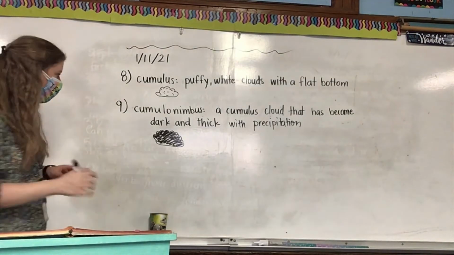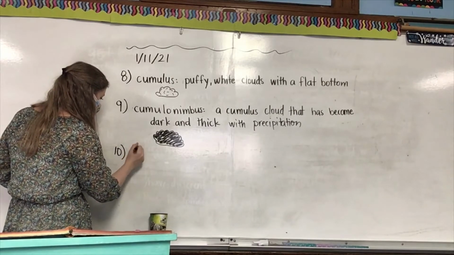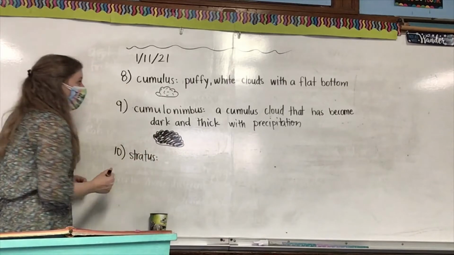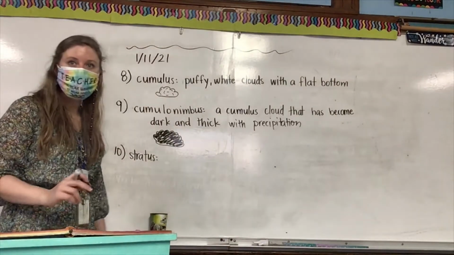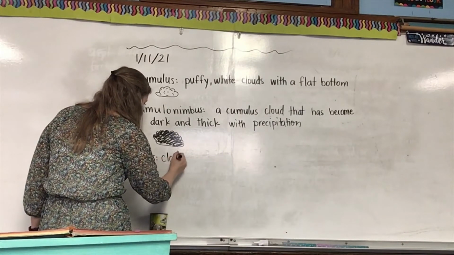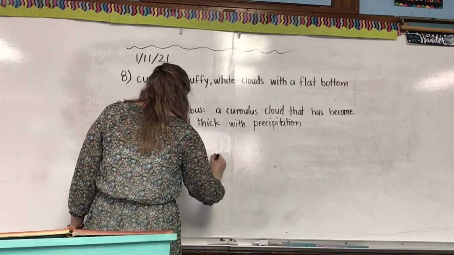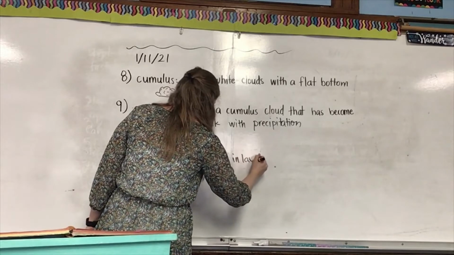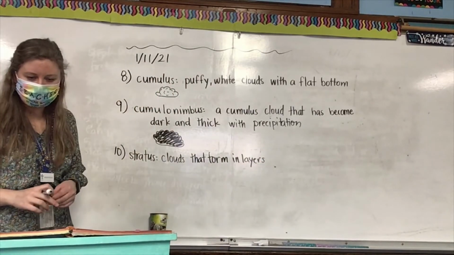Okay, pause. What's our next vocab word? Stratus. And what are stratus clouds? Stratus clouds form in layers. So they are clouds that form in layers. What else is important about them?